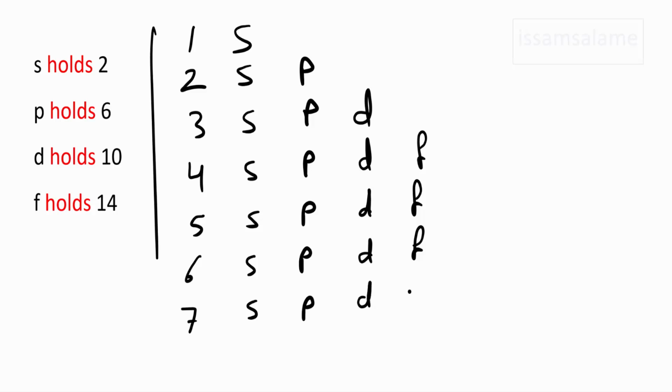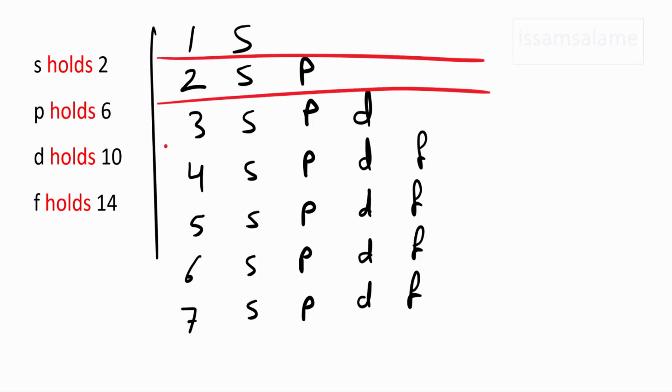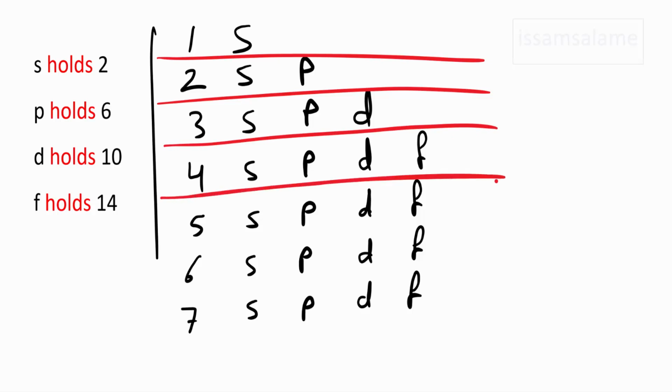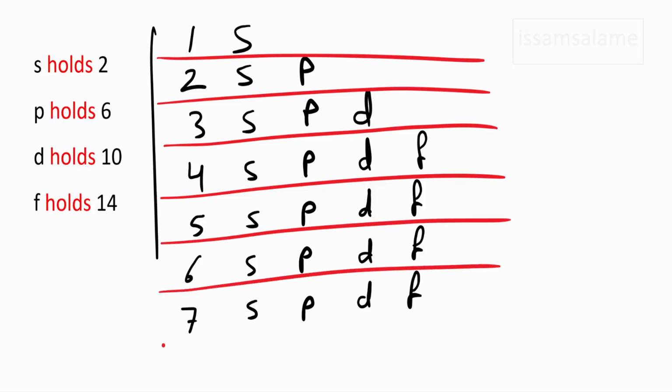In front of 1 put S, in front of 2 put S and P, in front of 3 put S, P, D, in front of 4 put S, P, D, F, and continue putting S, P, D, F in front of 5, 6, and 7. Then draw lines horizontally and vertically to separate the numbers and the subshells, and listen carefully to the next step, where we have to put the subshells in order.